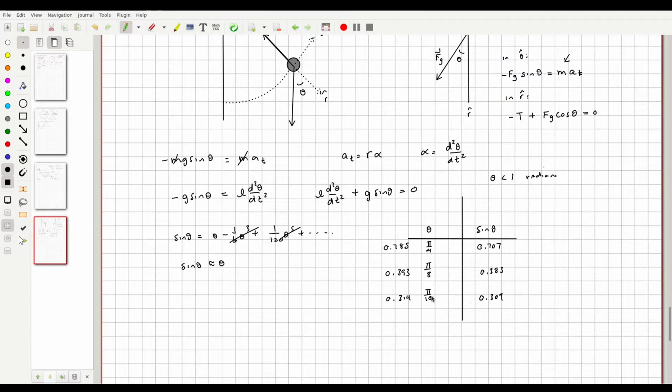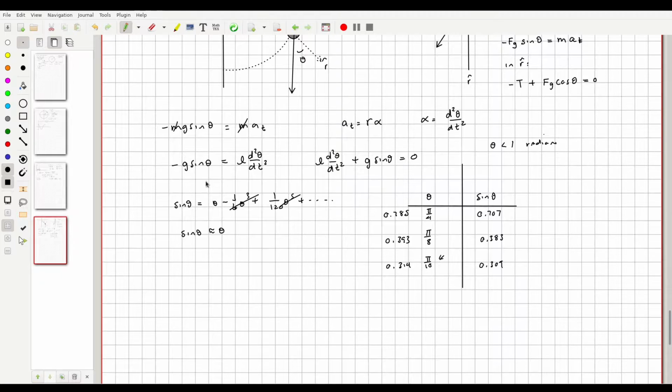So as you can see, as your angle gets smaller and smaller, sine of your angle and the angle itself start to converge to become the same number, at least out to a few decimal places. So what that means is that I can approximate sine of theta as theta for small numbers. And if I do that, I get, in my equation that I had written down there, the following.